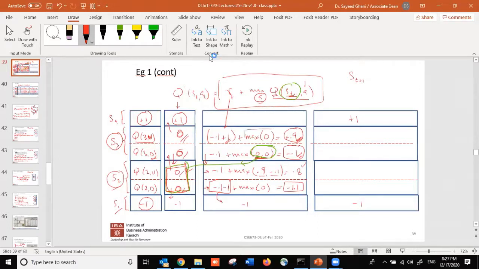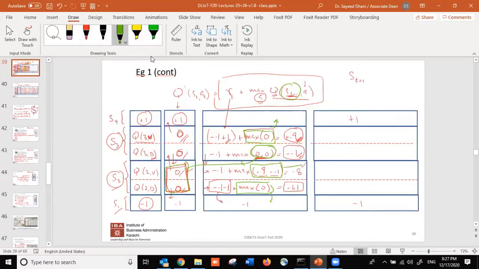Similarly, with this, the maximum was the maximum value over here, of this state. But since this is a terminal state, this was 0. Similarly, this is going into the terminal state, so this was 0. But these two are not going into a terminal state. So this is based on what?